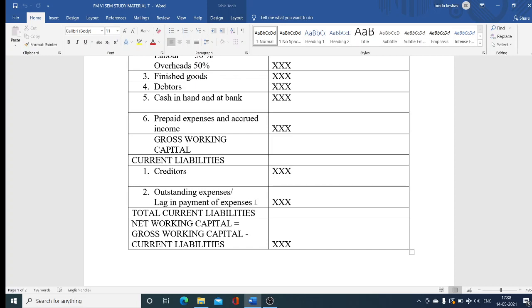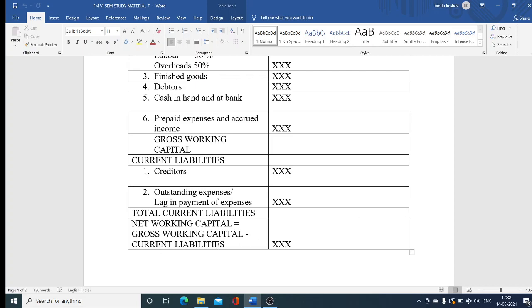This will be considered here, and then the total of the current liabilities will be found out. From the gross working capital, current liabilities will be deducted in order to arrive at the net working capital. So net working capital is equal to gross working capital minus the current liabilities.